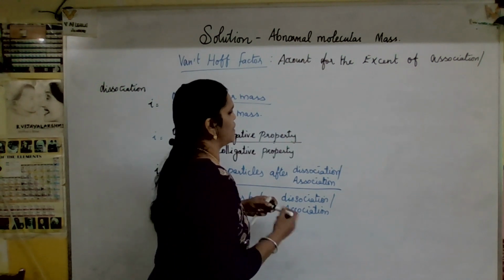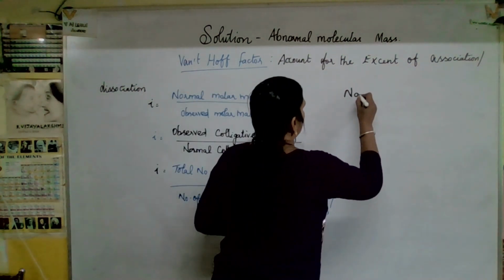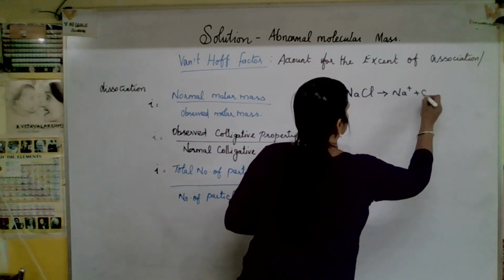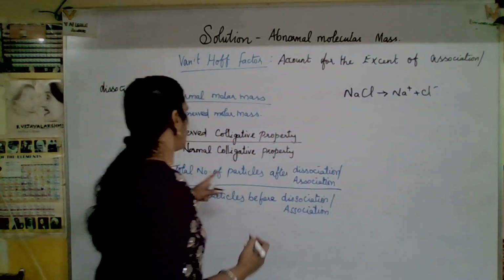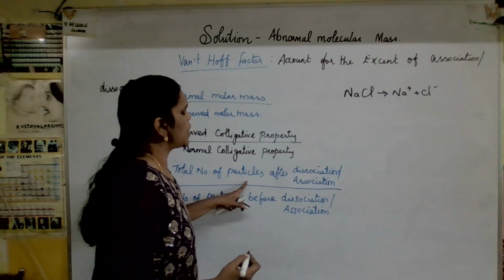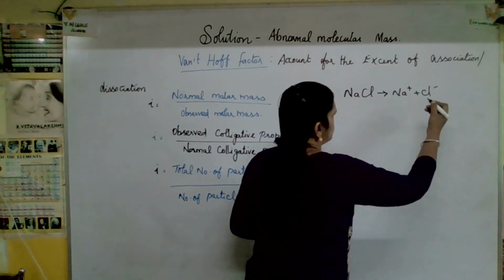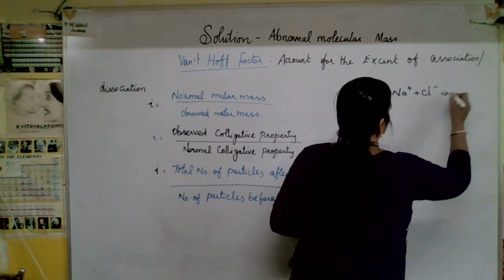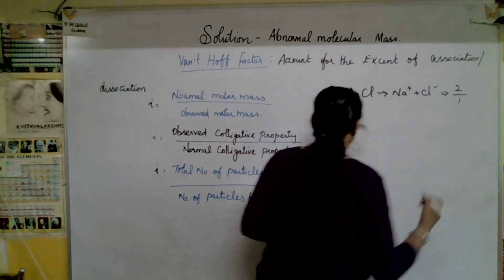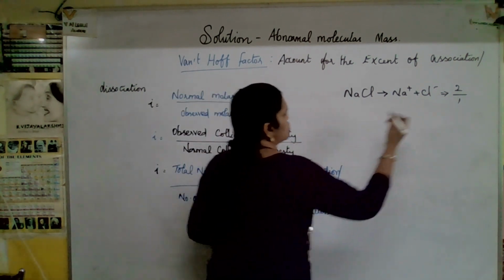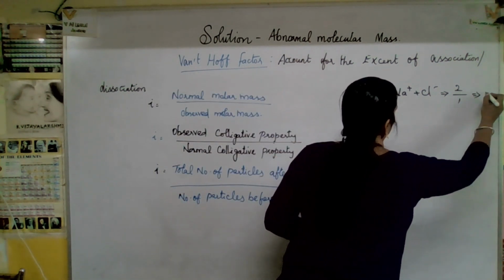With this, one small example, we have already gone through. NaCl gives Na+ and Cl-. This is the total number of particles after dissociation or association. How much is it? 2 divided by 1, before dissociation or association. So naturally the i factor is 2.